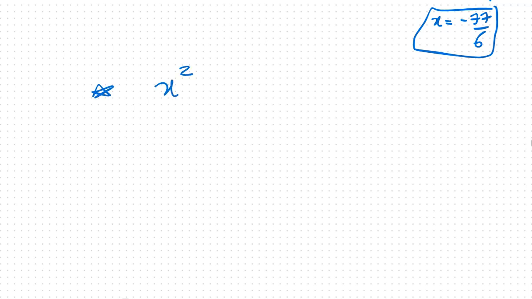Let's say x squared minus 5x plus 6 is equal to 0. Try to convert this into factored form. So what's my product and sum?